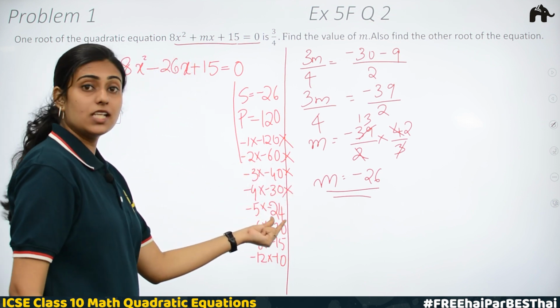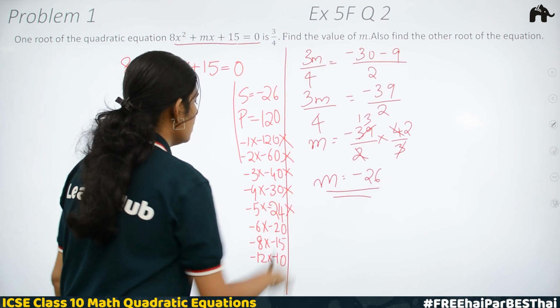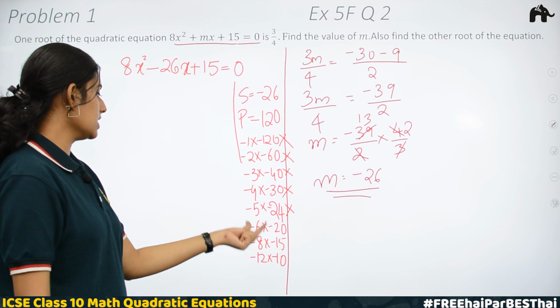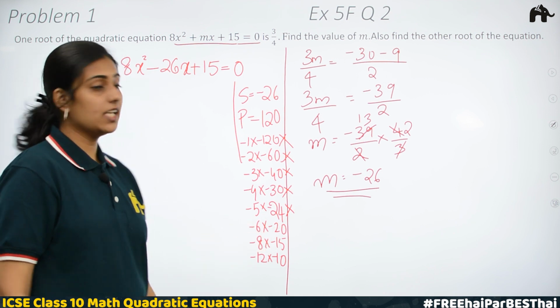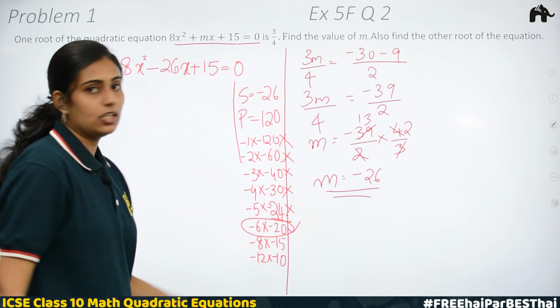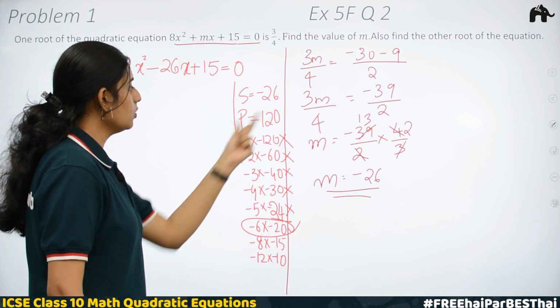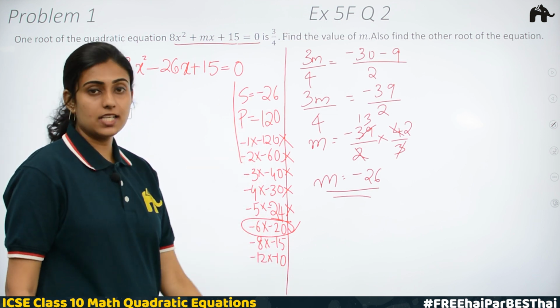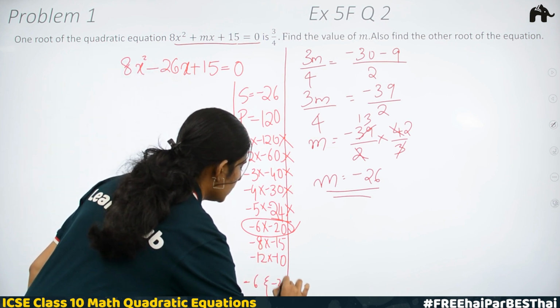Minus 5 and minus 24, that is minus 29, which is not possible. Next one, minus 6 and minus 20, that is minus 26. So these are the values that we are going to choose. Here product is 120 and sum is equal to minus 26. Minus 6 and minus 20.